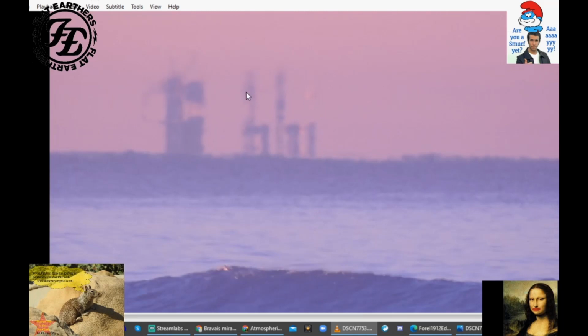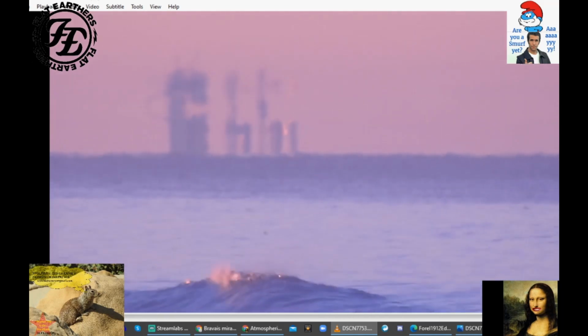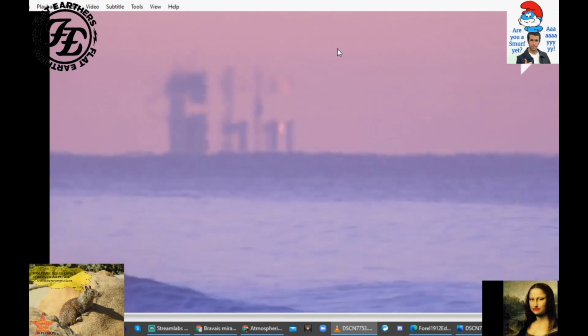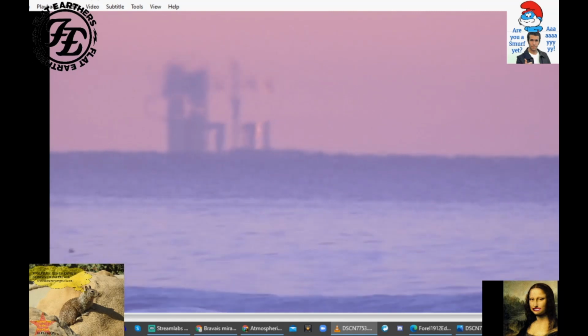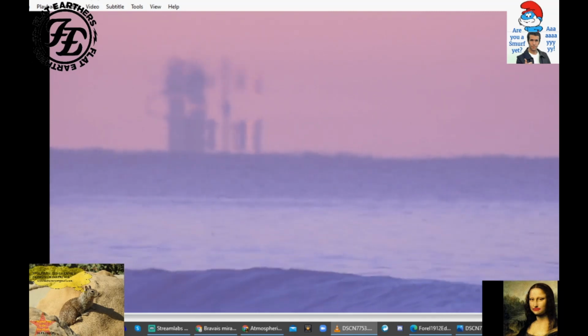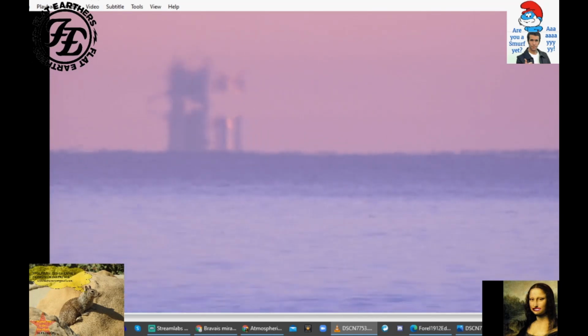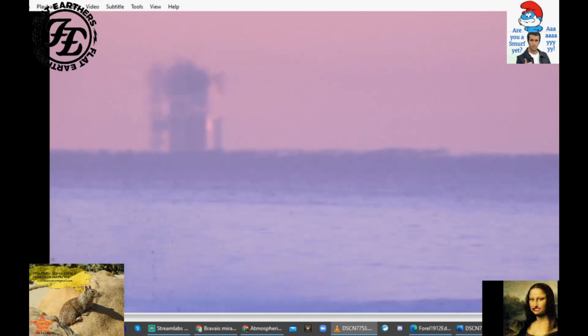I have no idea what kind of a ship this would make. And then you can see right here, something developing. There's something here. It's passing behind.